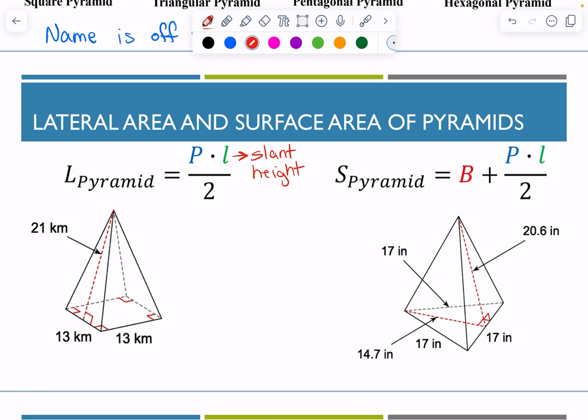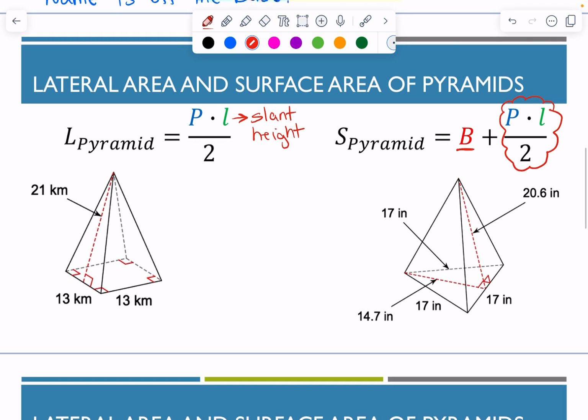And then we're going to take that and divide it by 2. Okay? So we have perimeter of the base times the slant height divided by 2. And that is the lateral area. Then you'll notice that part of the formula is over here. And all we simply do is add on the area of the base.